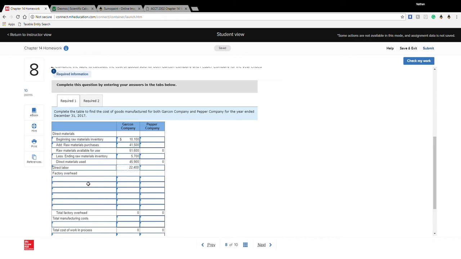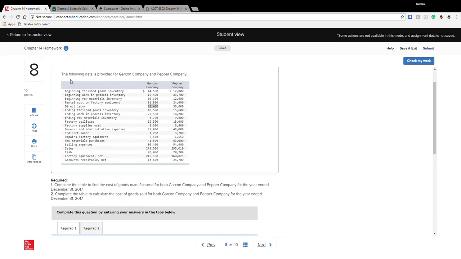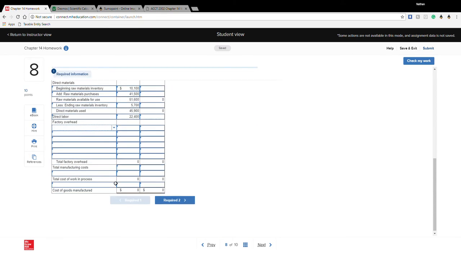So next we have factory overhead. So basically up here, anything that's dealing with the factory itself that we can figure out as indirect, we will want to put. So best thing I would say, just go down the list and see. I see factory supplies used. I see factory utilities. We see indirect labor.